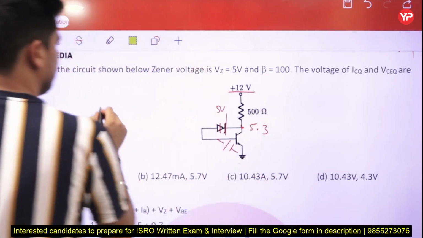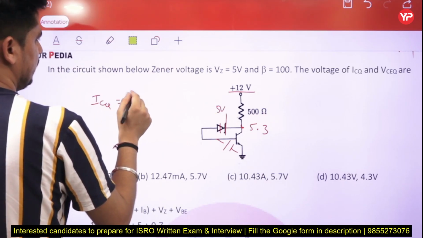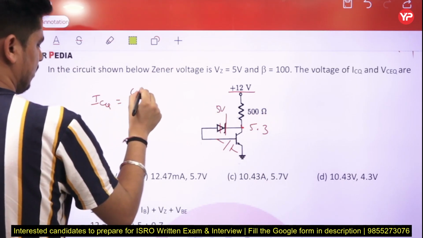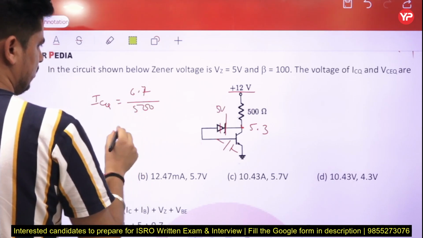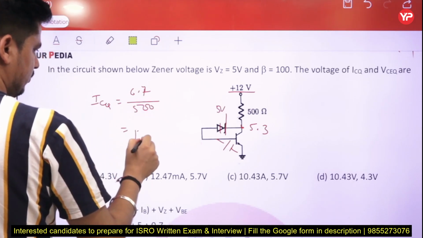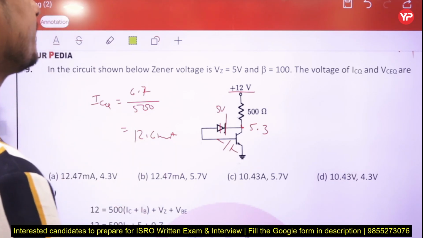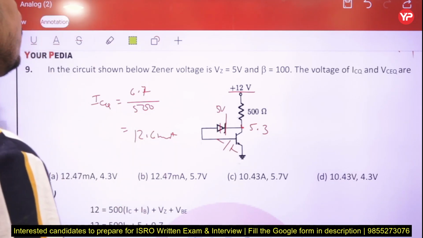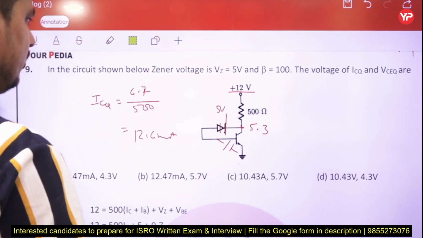right? So you can calculate ICQ is going to be 12 minus 5.3, that will be 6.7 divided by 500. So when you do this, that will be 12.6 milliampere, right? Like that. Check it. Oh, sorry, not 5.3.